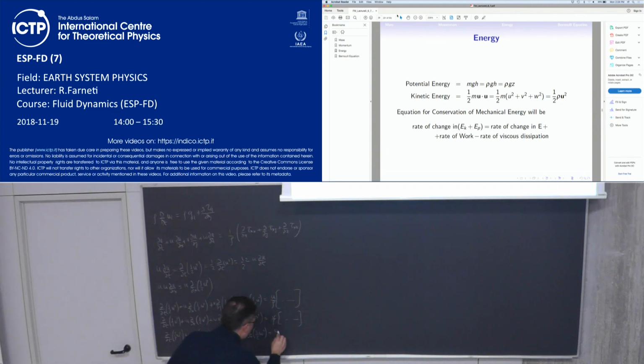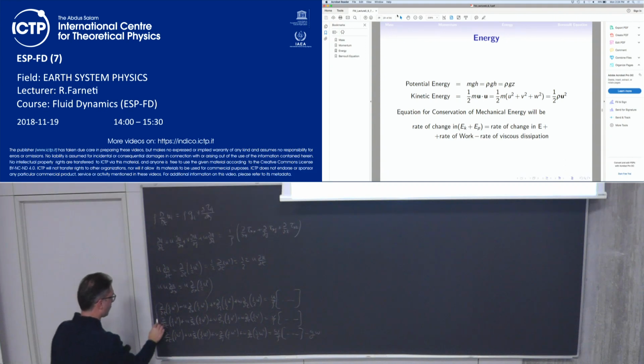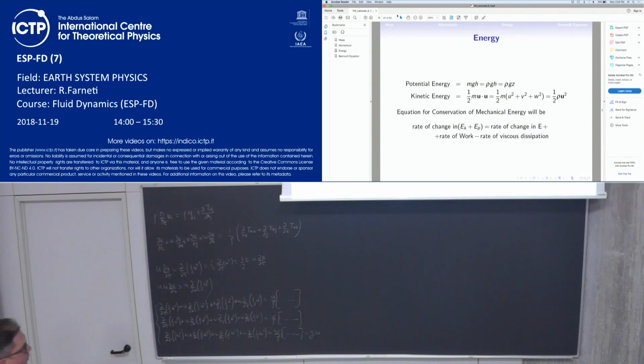Now there's an extra term here, which is the gravitational term, in the case where we have a component for G. Okay, so this is just the scalar product of the momentum equation in the velocity vector.